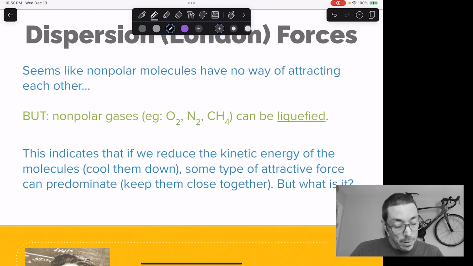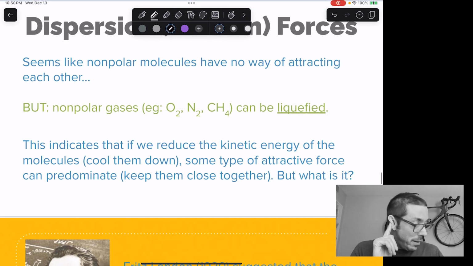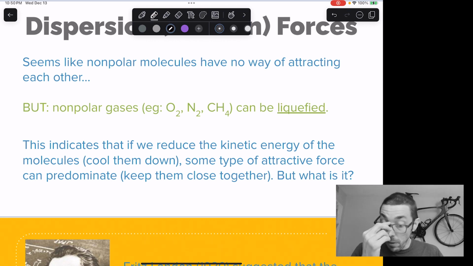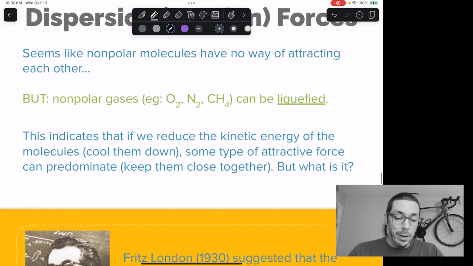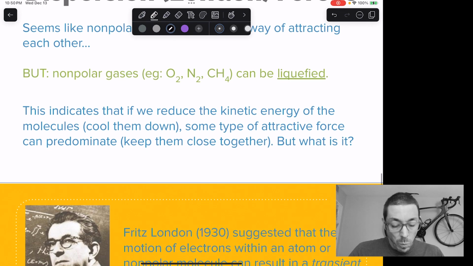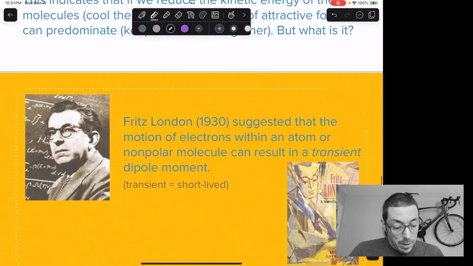So that does indicate that if they don't stay gases even in cold temperatures, they are able to attract each other enough so that they change state to a liquid. So there must be something that's attracting the individual molecules together. But what is that force? Well, that's the weakest of the three forces.